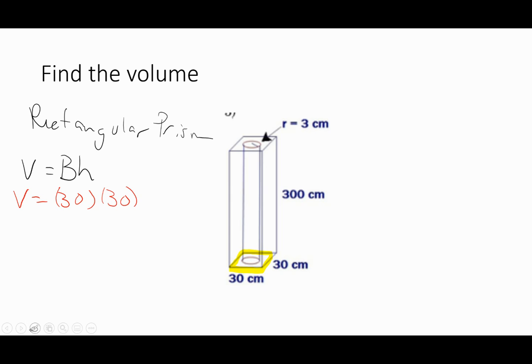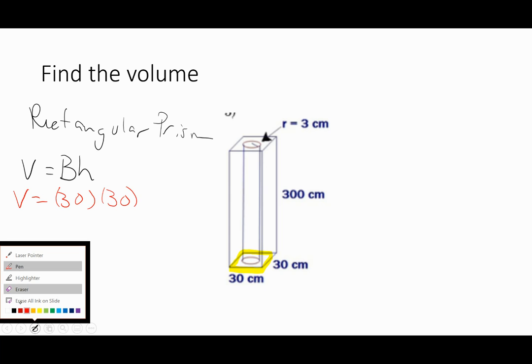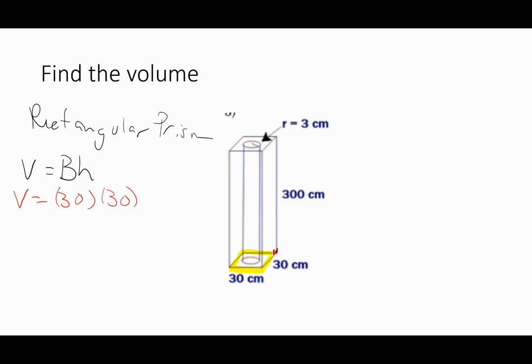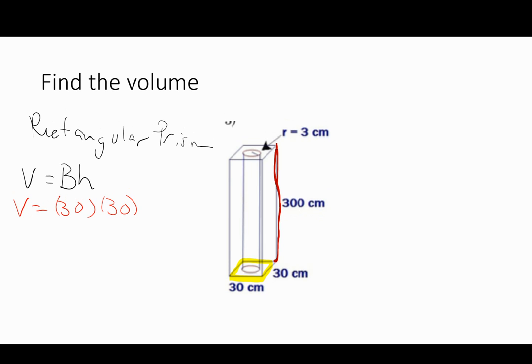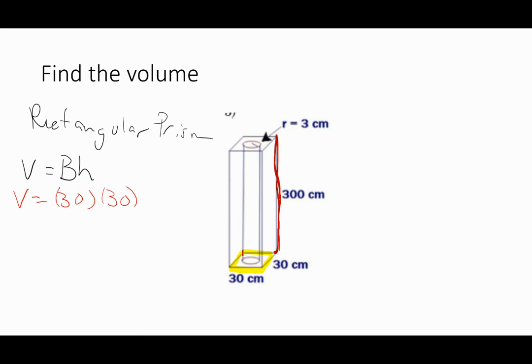And then the height right here is what we're looking at. So basically we're saying that we have a section on the bottom right here, the area of the base. We have in here 900 centimeters cubed.